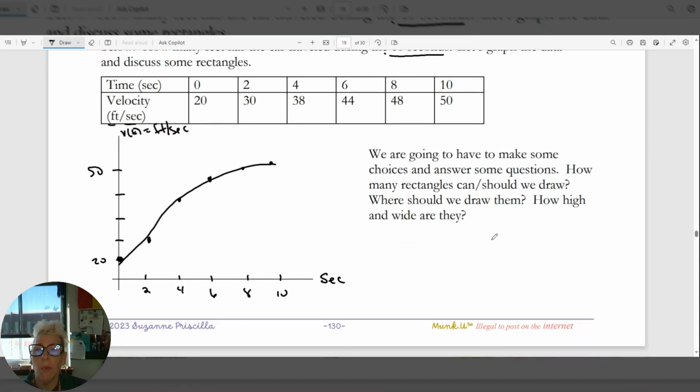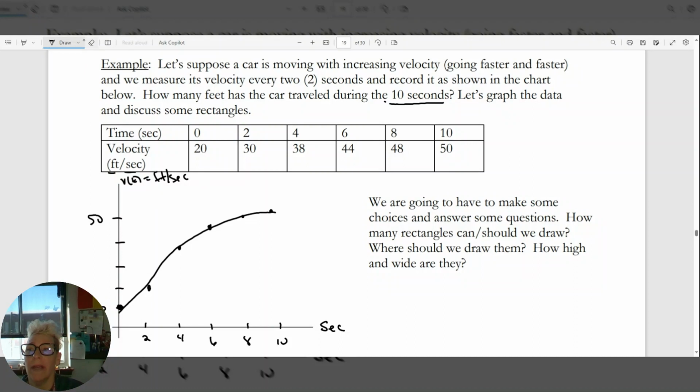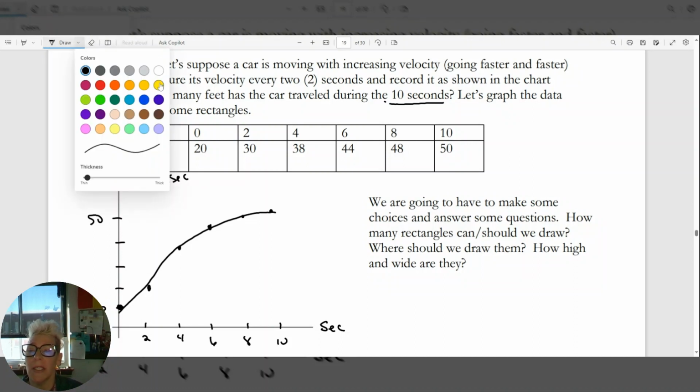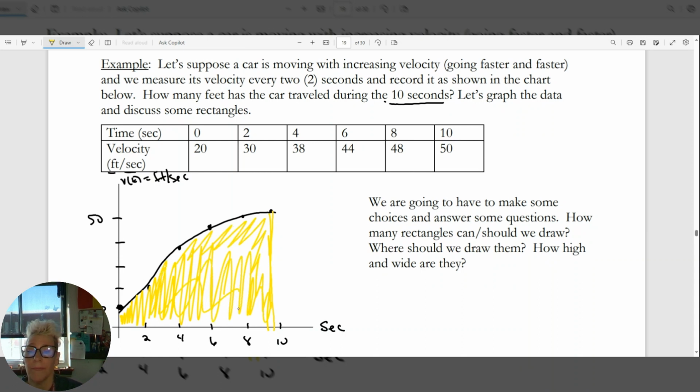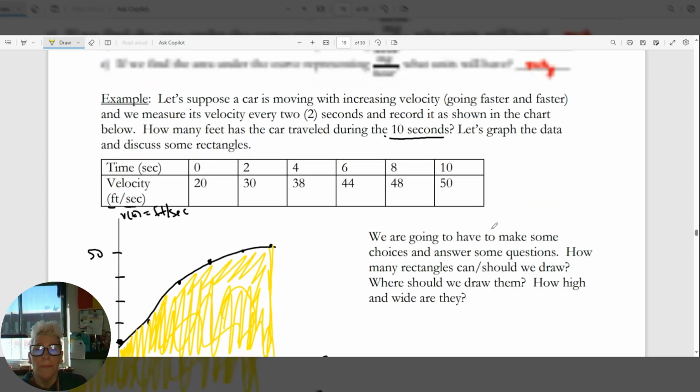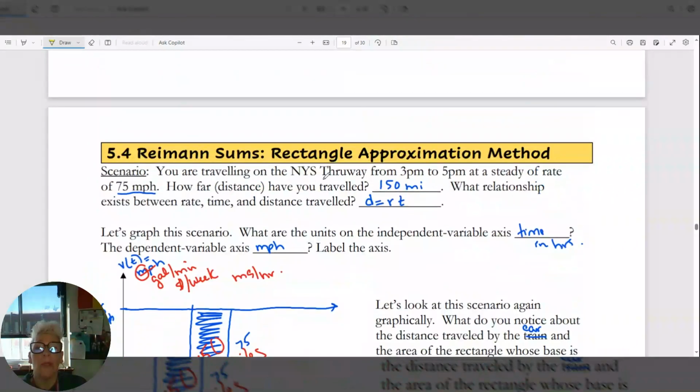All right, so we want to find the area under this curve because, as we've just discussed, if we find the area under this curve right here, that will let us know how many feet we have traveled. Now, what we're learning here is something called the rectangle approximation method.